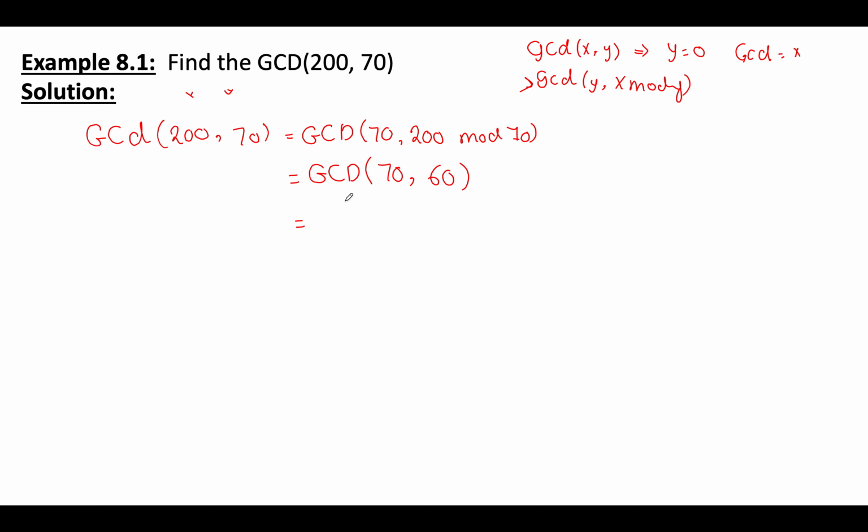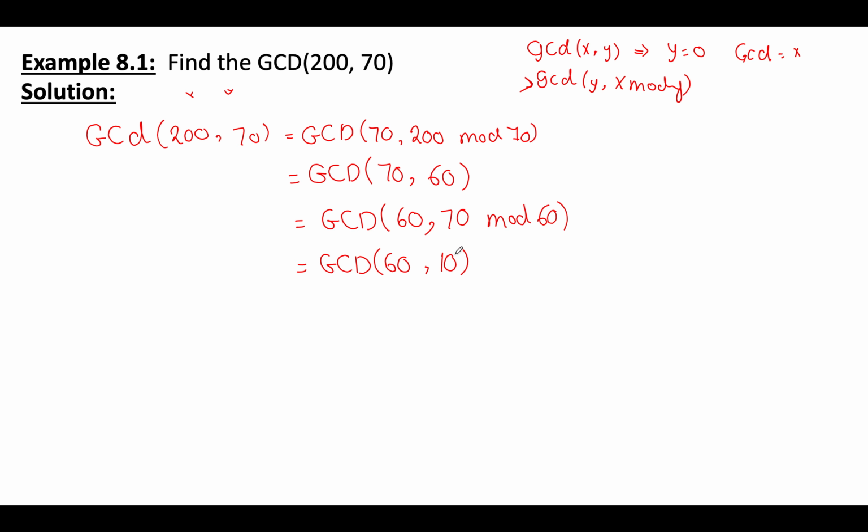So here we got that this is equal to GCD of 60 and 70 mod 60. If I divide 70 by 60, then I'm getting the remainder as 10.